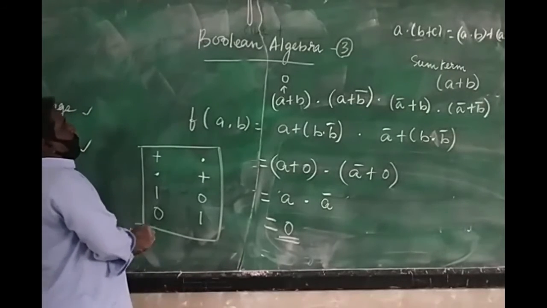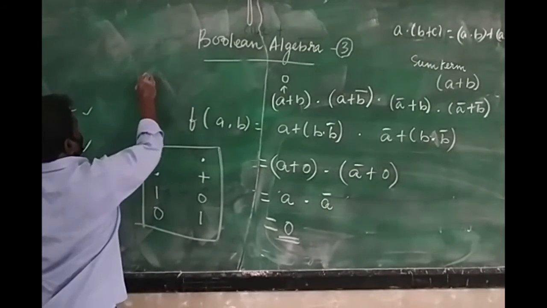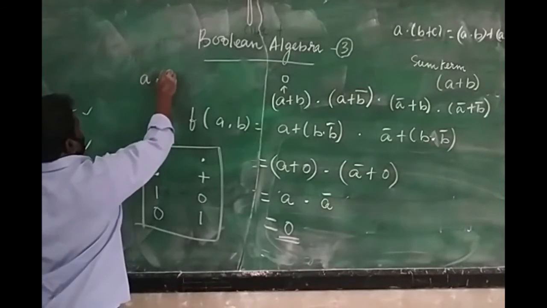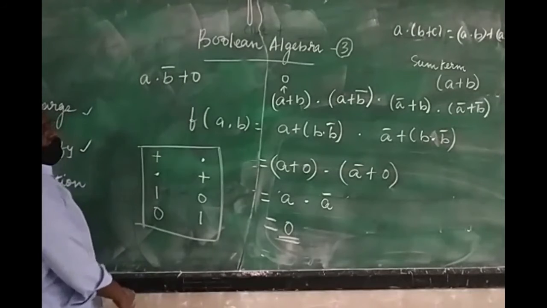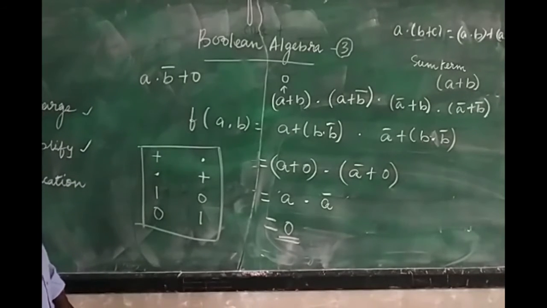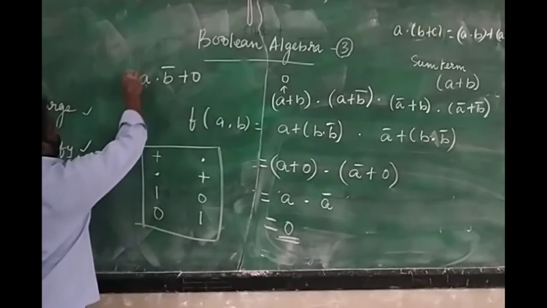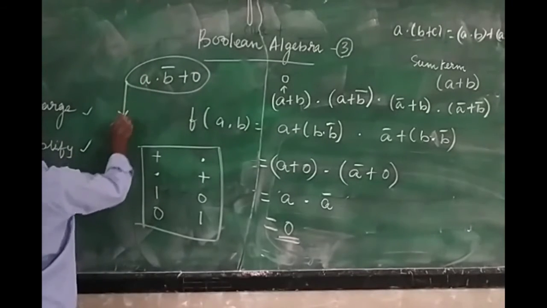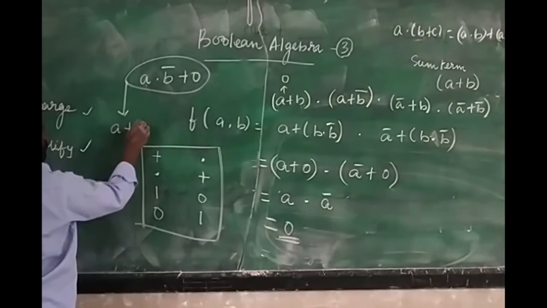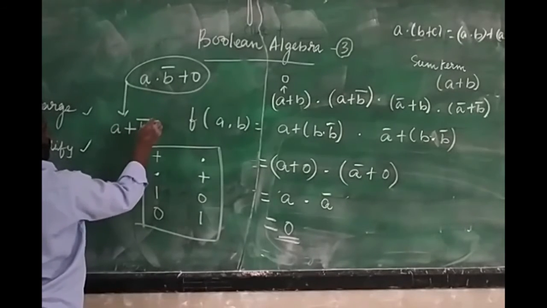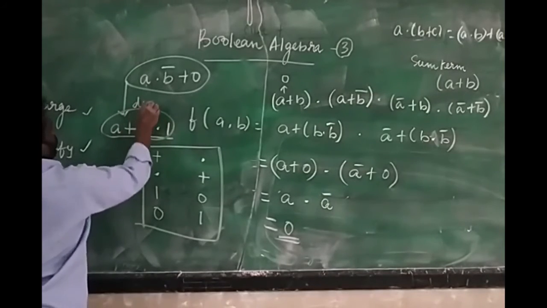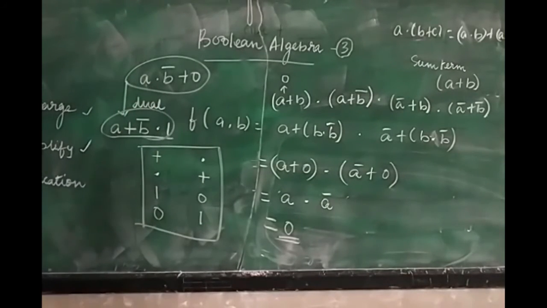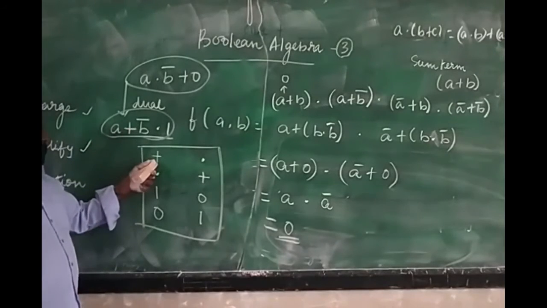For example, the dual of the function a dot b bar plus 0 is a plus b bar dot 1. This is the dual.